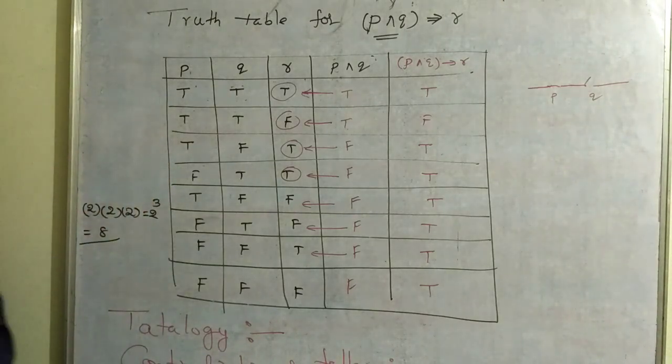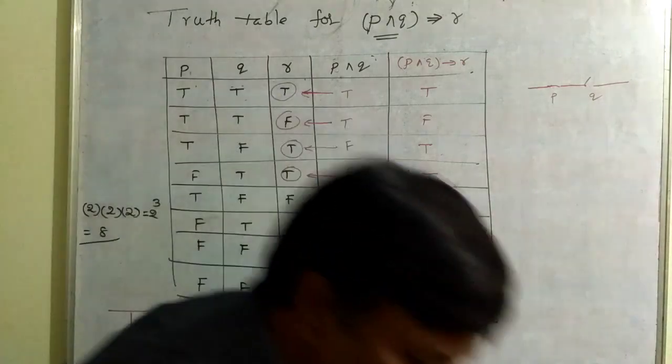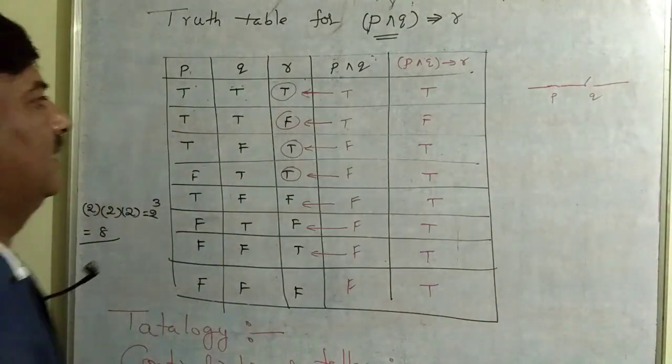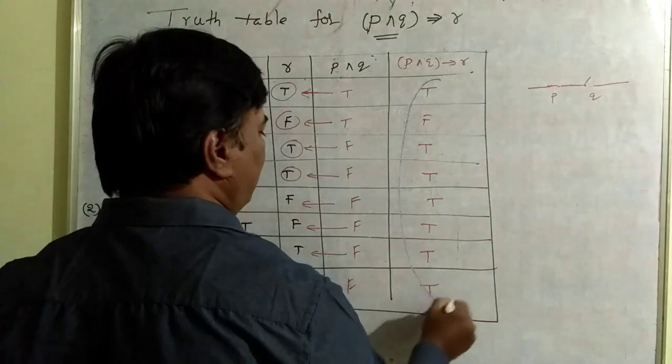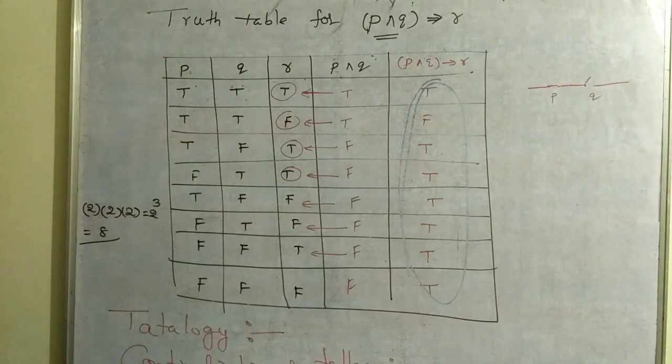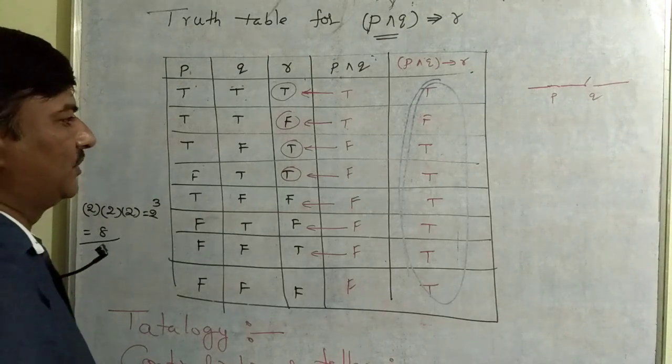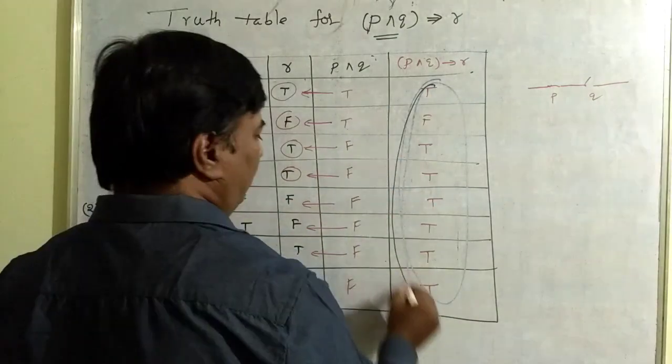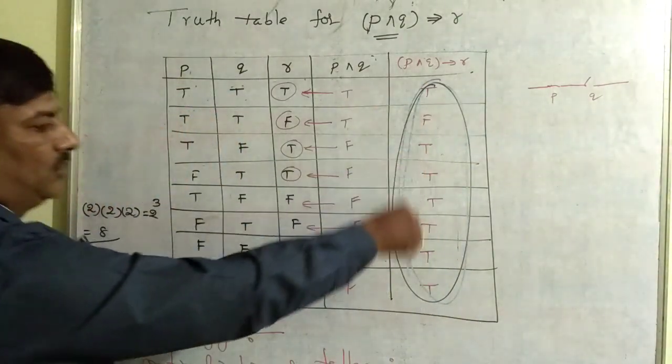This is nothing but about the combined statement, the result of the combined statement. See here, that is this result, this combined result. Yes, the total result. If all truths come, then all truths.